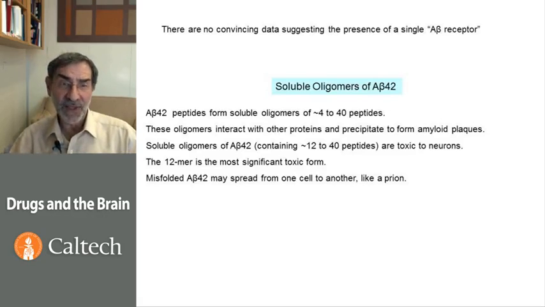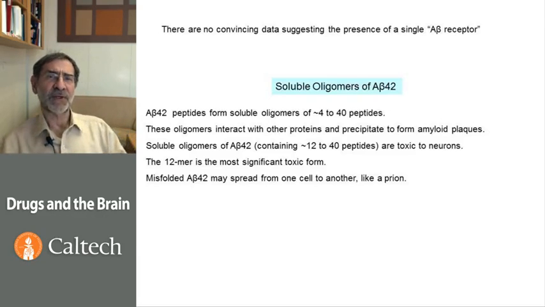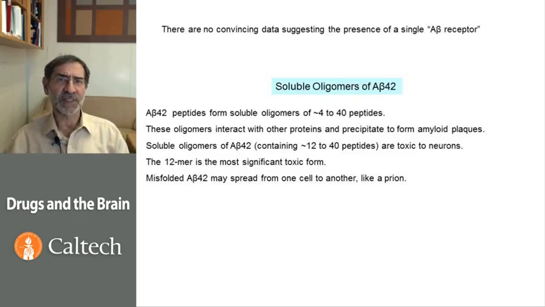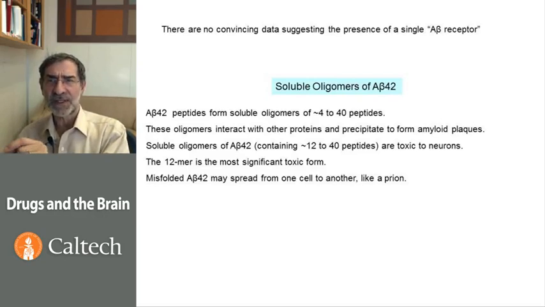And to make things more complicated, we need to talk about the concept of cell-autonomous versus non-cell autonomous diseases. A cell-autonomous disease is one in which a cell with a mutant gene itself gets damaged, and this is the cause of the disease, or the cause of an animal's change due to a mutation.